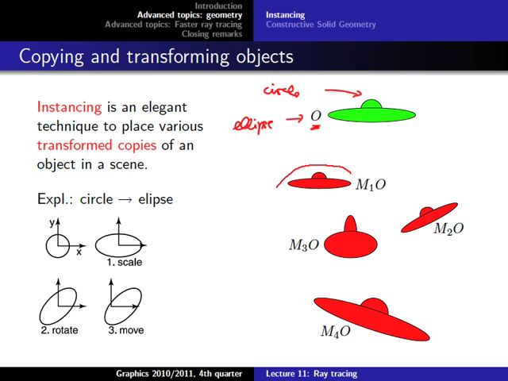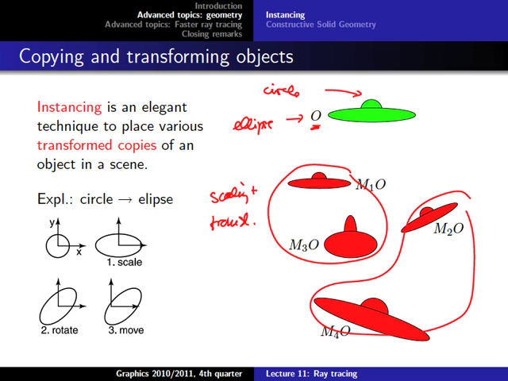So for example, here we have scaling and translation. And here we also have scaling and translation, but we also have rotation. So we see how we can easily create more complex objects based on these very simple basic objects.